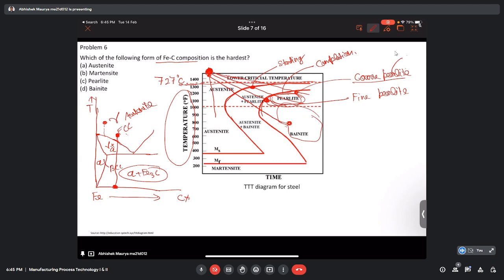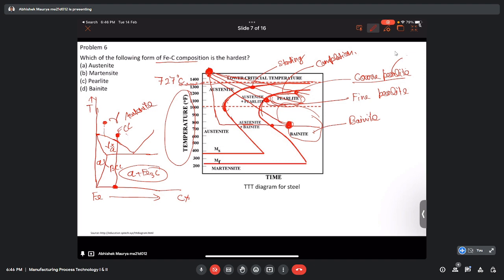Or we can do another thing: we can cool faster and then hold that temperature, and then also we will reach the bainite range. If our transformation completes below this nose, this is called the nose, below this nose we get bainite.